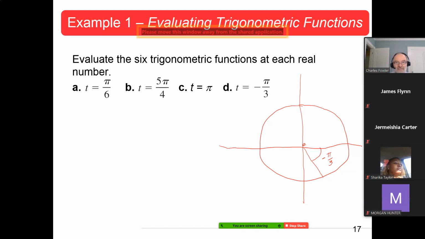Stop me. Let me get them in. This place where they come in, I don't know. Can you see this box, this rectangle up here at the top? It says, please move this window away from the shared application. Can you see that? Yeah. And you see it's really dark now. In a while, it'll fade away. But as soon as someone comes in, that's where they pop in. And when I go to see them, it blacks them out. So that's why I have trouble seeing. I have to wait till they fade away so I can read who it is coming in.